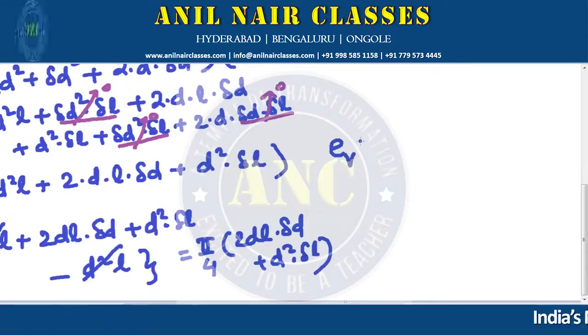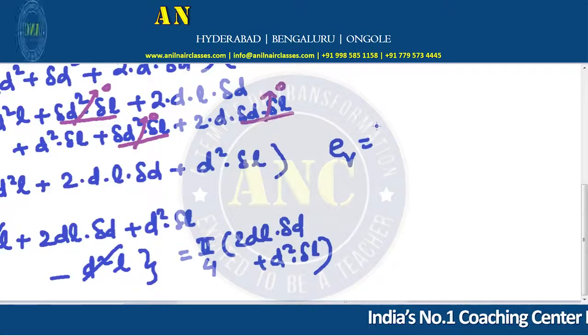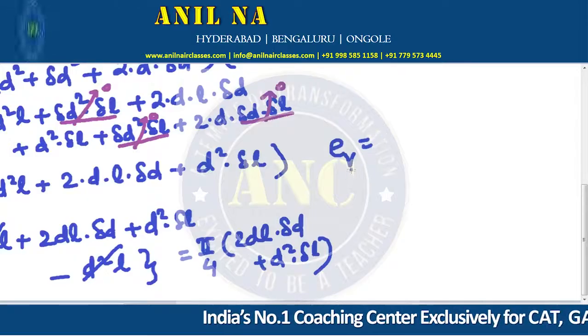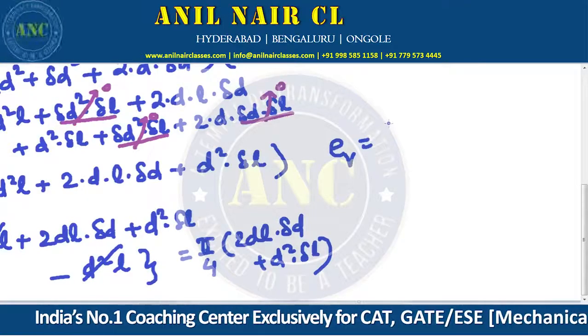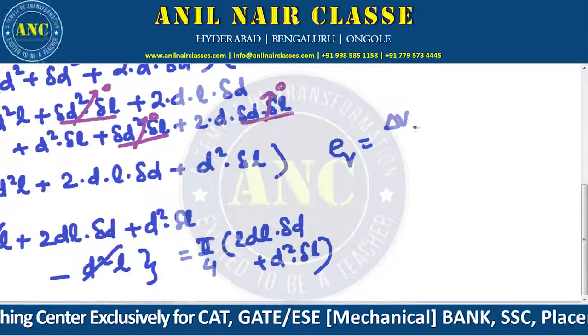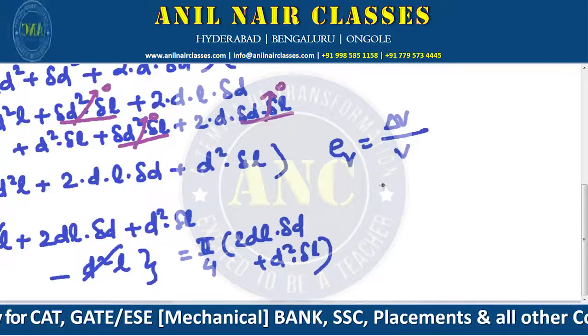Therefore, volumetric strain. Strain is change in length to original length, but here we are doing it with respect to volume. So this is the change in volume with respect to original volume.